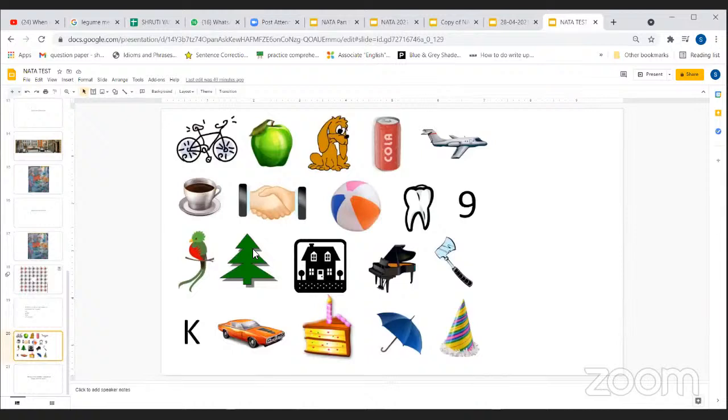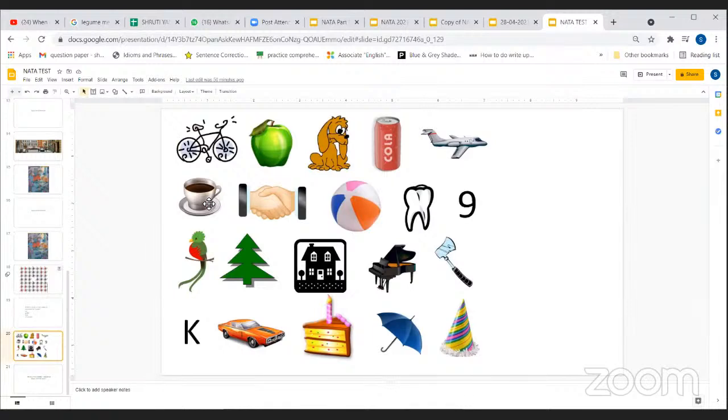Okay, this one is the order question. So the order should be followed this way, is what I wanted. But if you've gone like this also, that is also fine. Okay, so let's check if your order was correct. It should start with the cycle, apple, dog, cola, airplane.